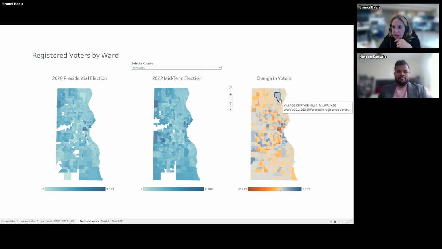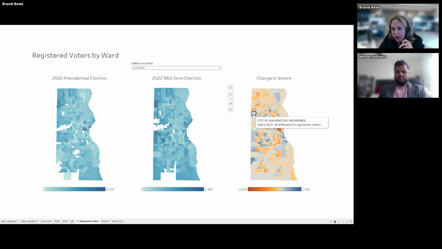What I would have loved to have time to do is look up the population for each ward, so you can start to say what percentage of my ward votes in either a presidential election or midterm election. I thought that would have been cool. But generally, that was my approach.